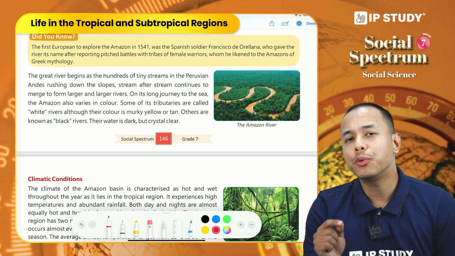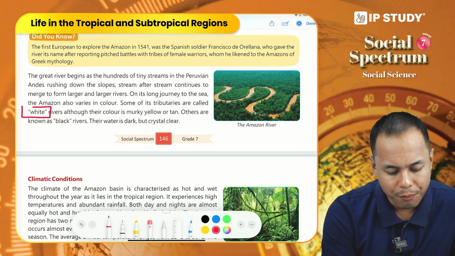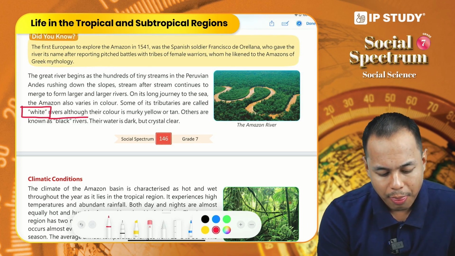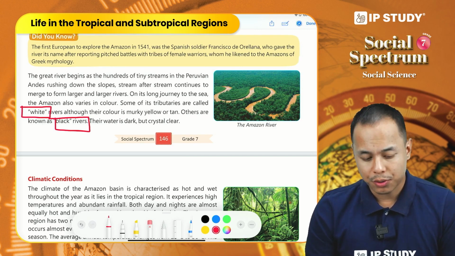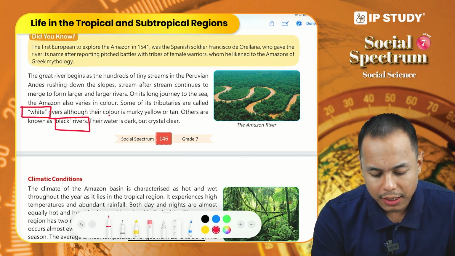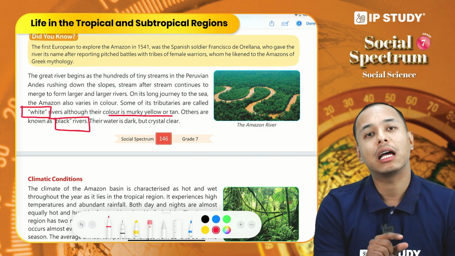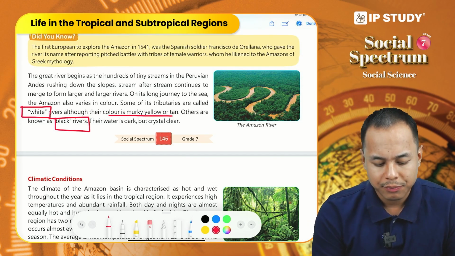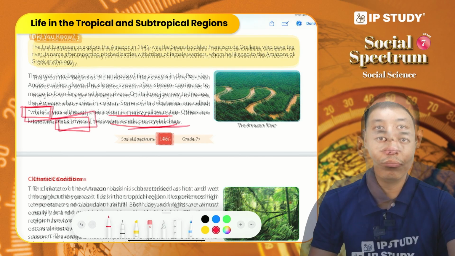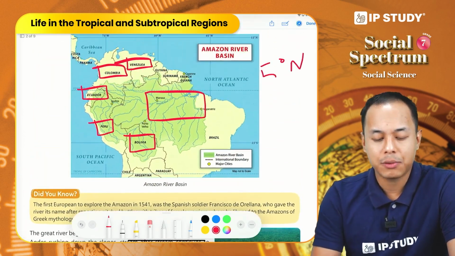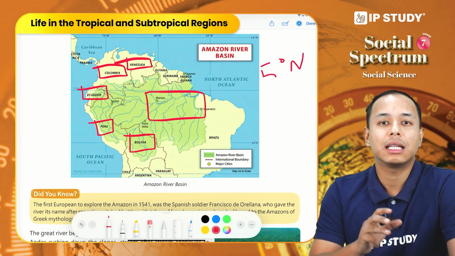As such, the tributaries of the Amazon are classified into white rivers and black rivers. The white tributaries are murky yellow or tan in color. On the other hand, the water of the black rivers is dark but crystal clear.